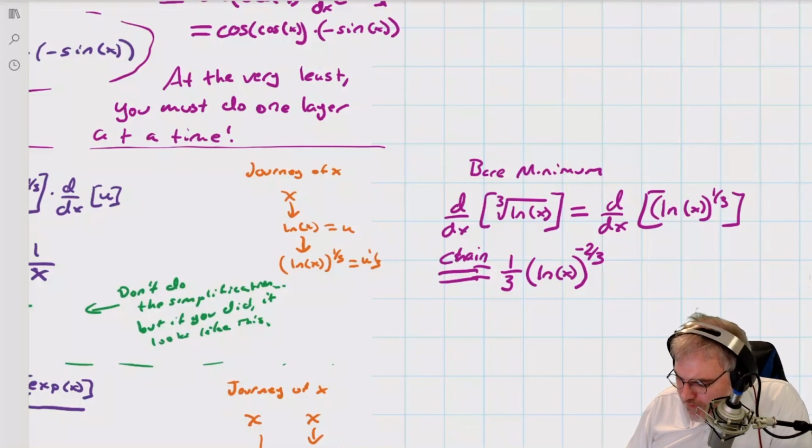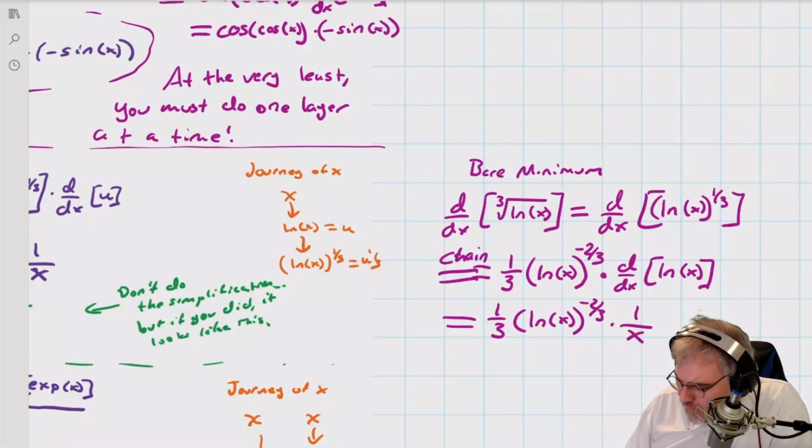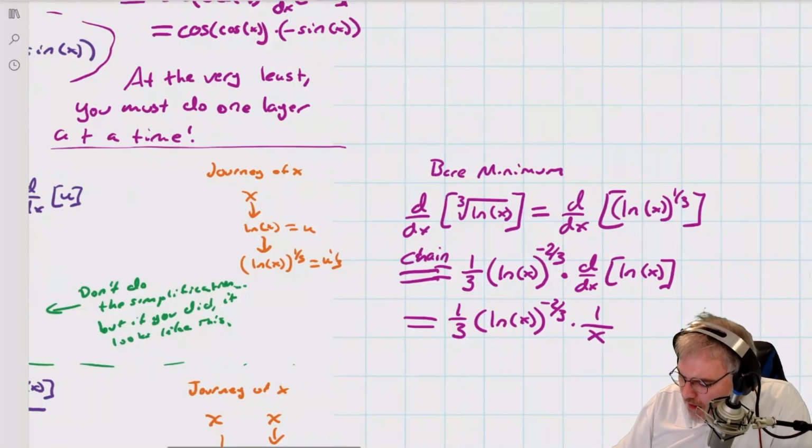But again, I'm doing the bare minimum. Times the derivative of ln of x. That equals, and now I will evaluate this derivative. Okay, this is the bare minimum. Okay, one layer at a time.